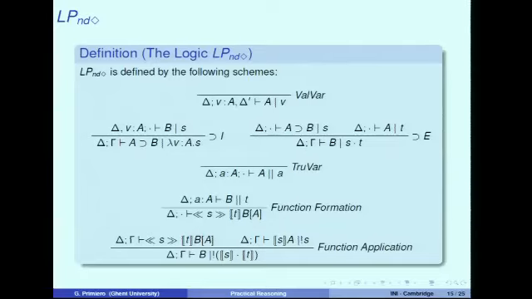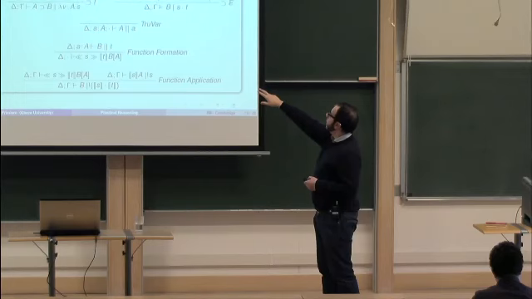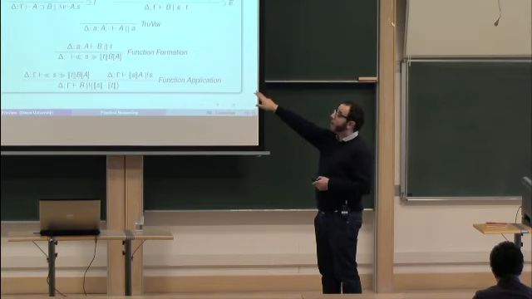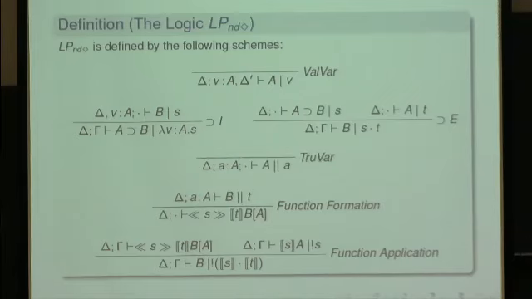Now, what are the derivation rules for the system? The system contains two starting rules, the validity variable and the true variable. These are respectively the rules that allow us to use a proof term from a validity variable and a proof term for a true assumption. And you will see that the implication relation is built up by only valid assumptions and function formation.